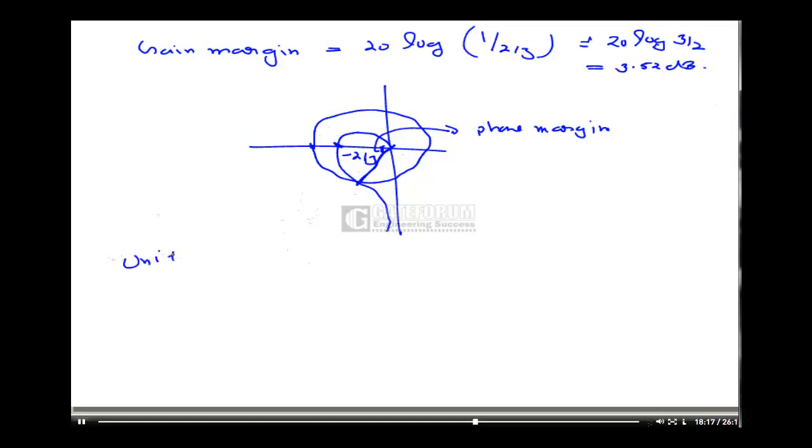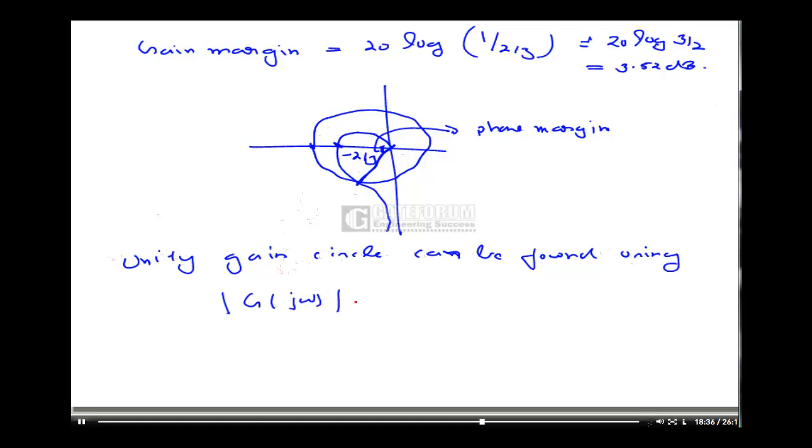Now the unity gain circle we can find just by finding the value of omega at which the gain is 1. Mod of G(j omega) equals 1 at some frequency omega.